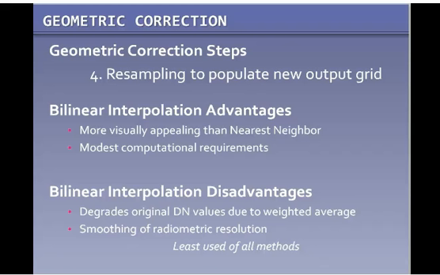You only see the average of the 4 values that surround each of your GCP points. And it also ends up smoothing out your radiometric resolution. Just because you're losing those extreme values, it means the total possible range for all of your DN values is much smaller, and so you don't have as much distinction between pixels, right? So you end up basically washing out a lot of your data.